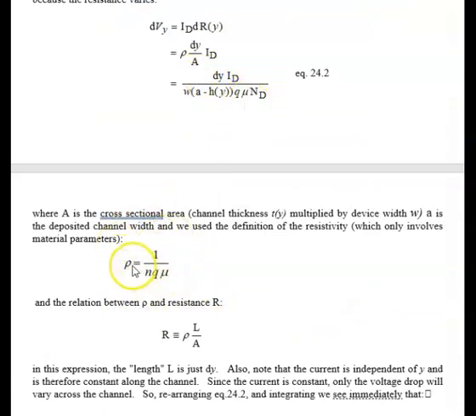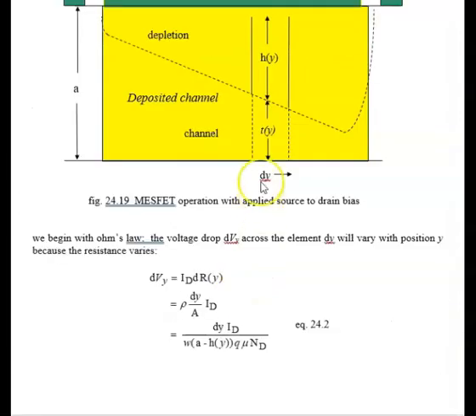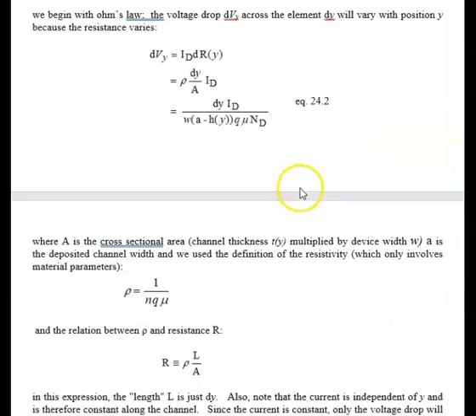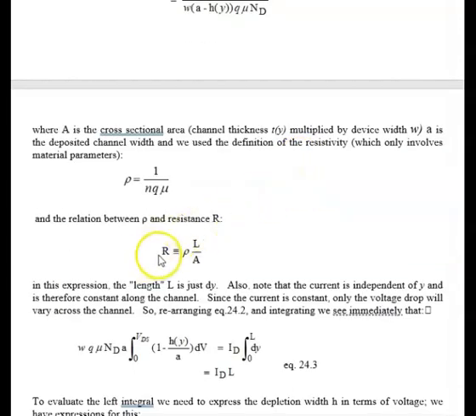The definition of the resistivity and the relationship between the resistivity and the resistance is just resistivity multiplied by L divided by A, where L is any distance along the channel. In this case, this would be dR, and then L would be dl. Okay, so we put all that into our integral.